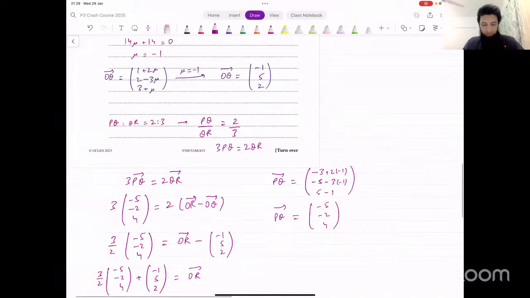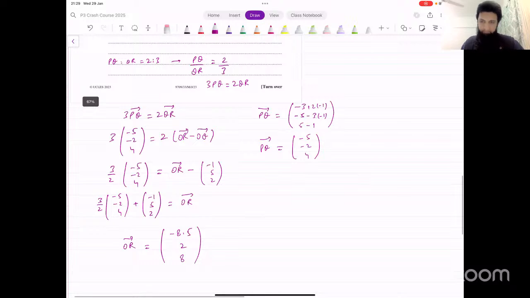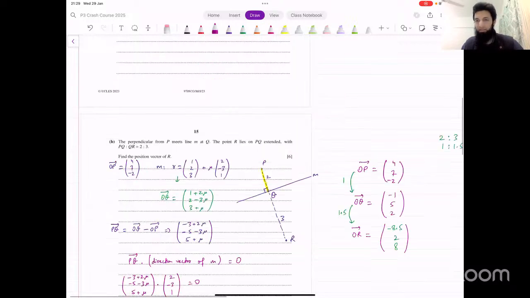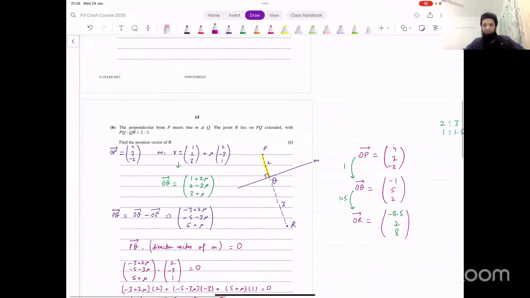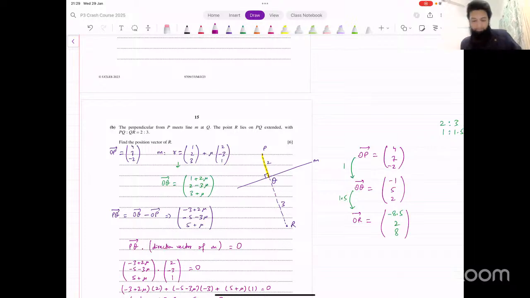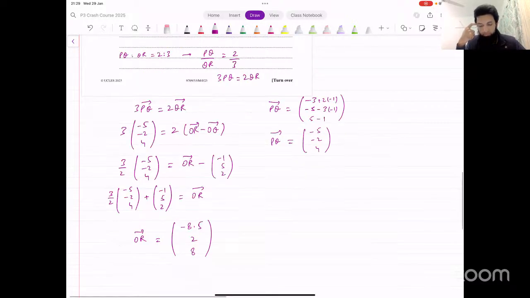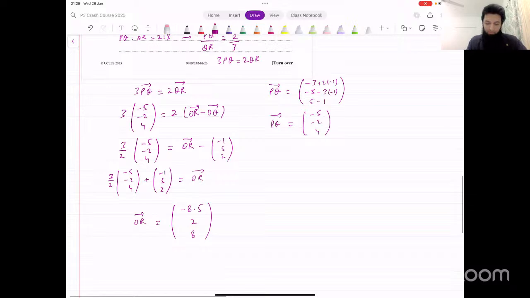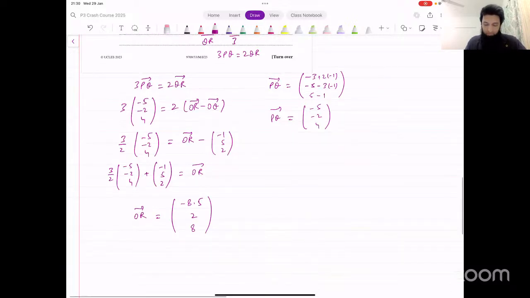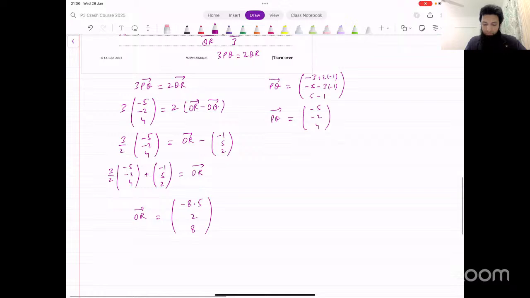Substitution, what do you mean by substitution, Ibrahim? Sir, like if we do PQ over QR, that would be equal to 2/3, right? So they are parallel, right? Yes, they are on the same line. So we could say PQ vector is equal to 2/3 multiplied by the QR vector, and then we can substitute OP and OQ like we used to do to solve it.